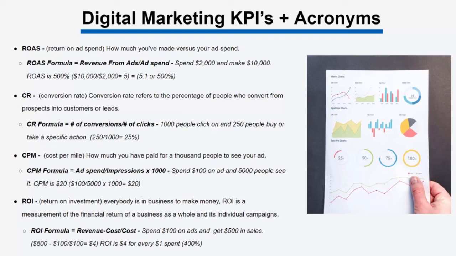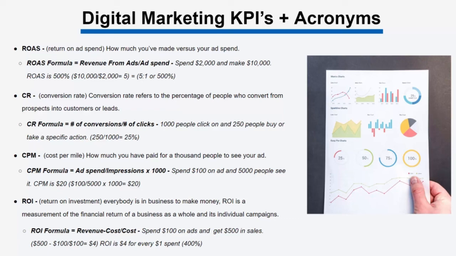So let's say that we spend $100 on ads and then we get $500 in sales. So let's look at the breakdown here. $500 in sales minus $100 on ad spend, divided by $100, equals 4. So our ROI is $4 for every $1 spent, so 400%, because we spent $100 on ads and we made $500 on sales.